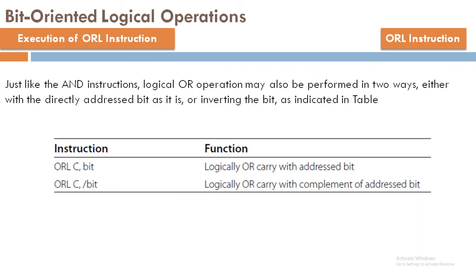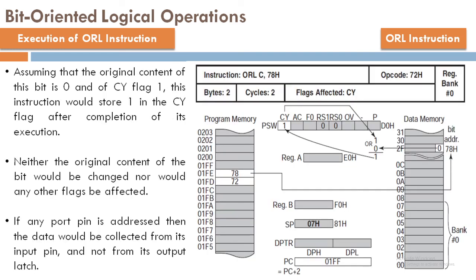So this is how the ANL, that is the ANDing, is carried out. Now we have a similar type of operation possible in the case of ORing. The instruction variations are ORL C, bit address and ORL C, /bit address. That means the content is complemented. Again in this example we can see that the previous content of the carry flag was 1 and the content at 78 is 0.